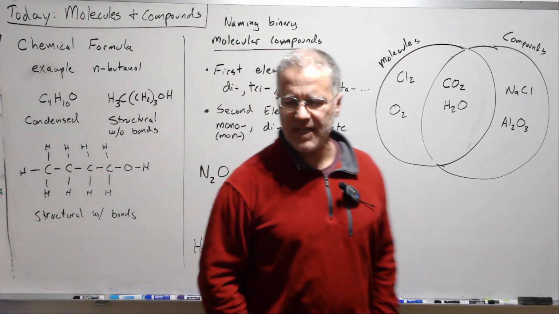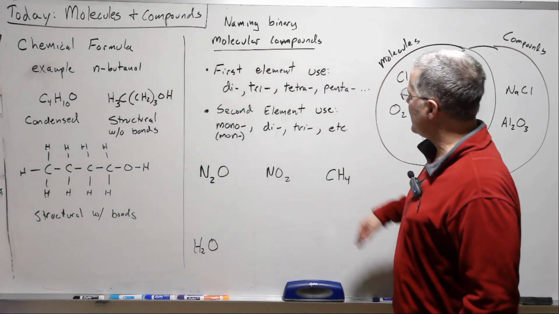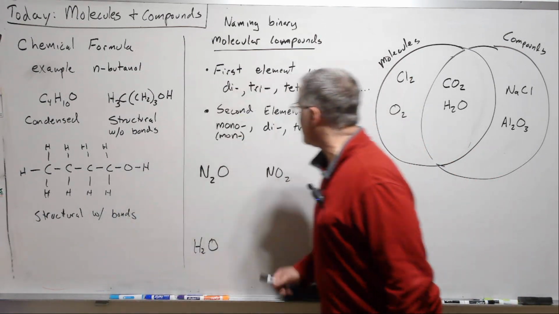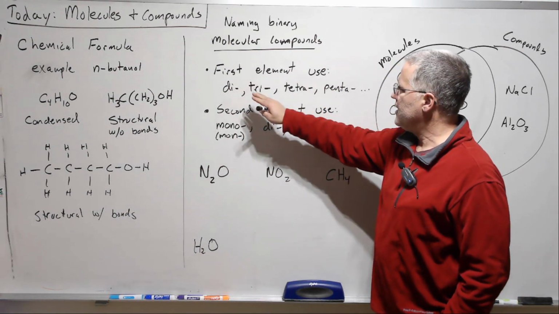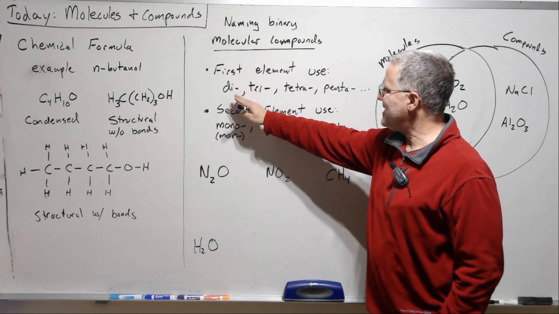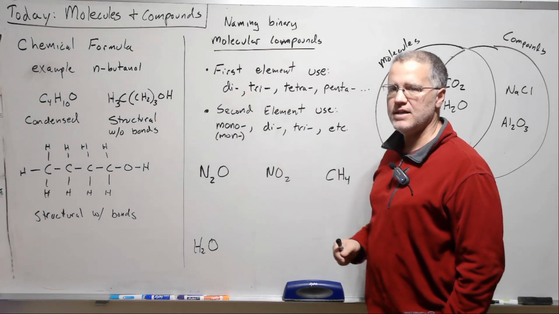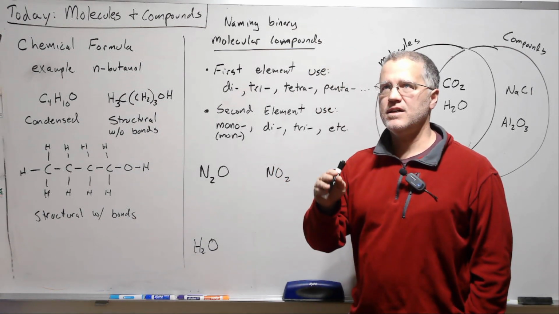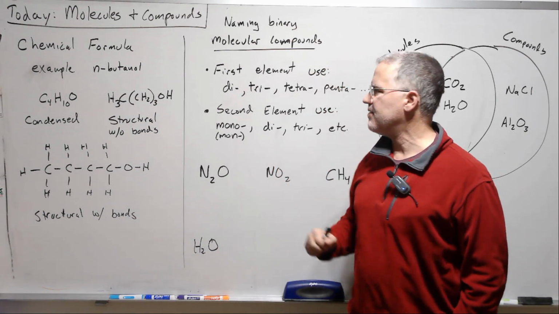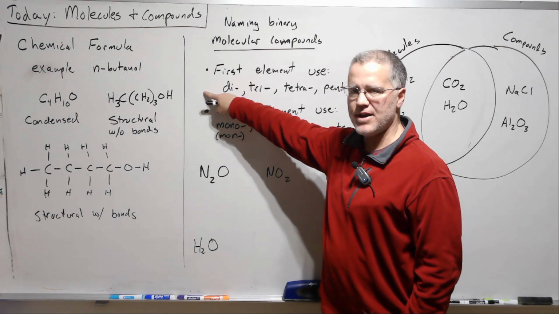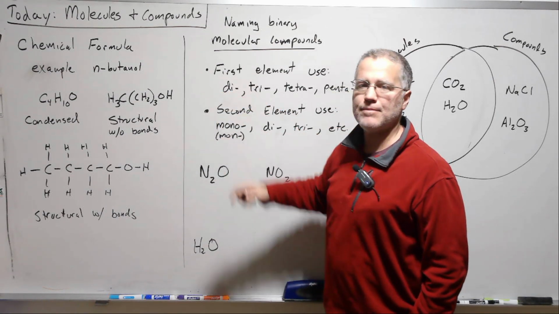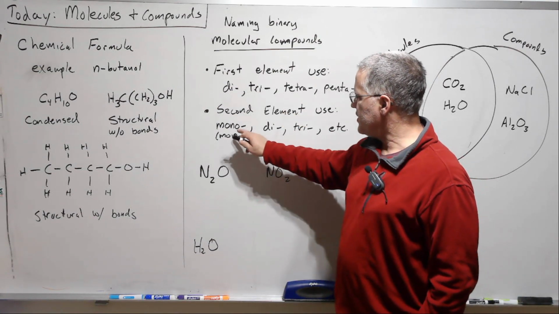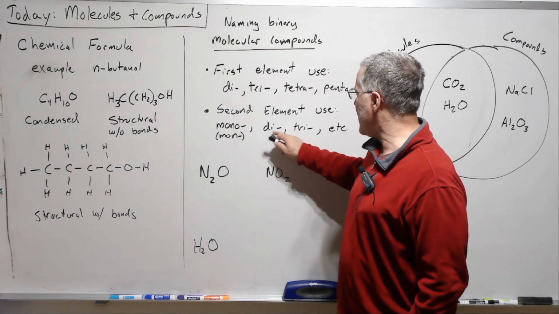The naming scheme is such that the first element uses the prefix di, tri, tetra, penta to identify how many atoms of that type of element are there. Now notice mono for one is absent here. The second element does include mono, di, tri, etc.